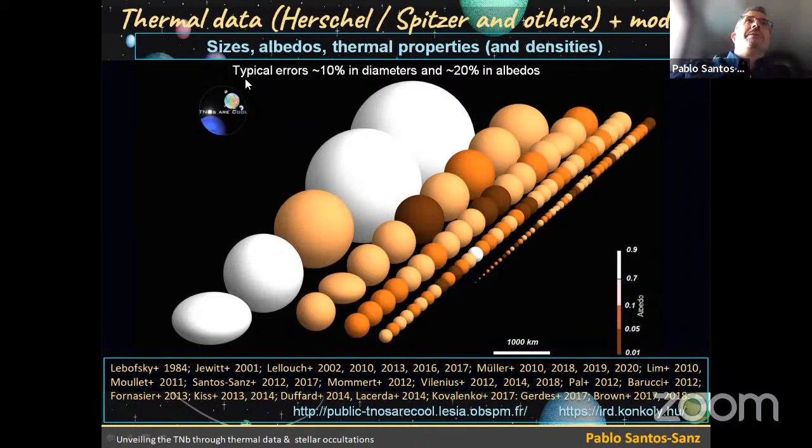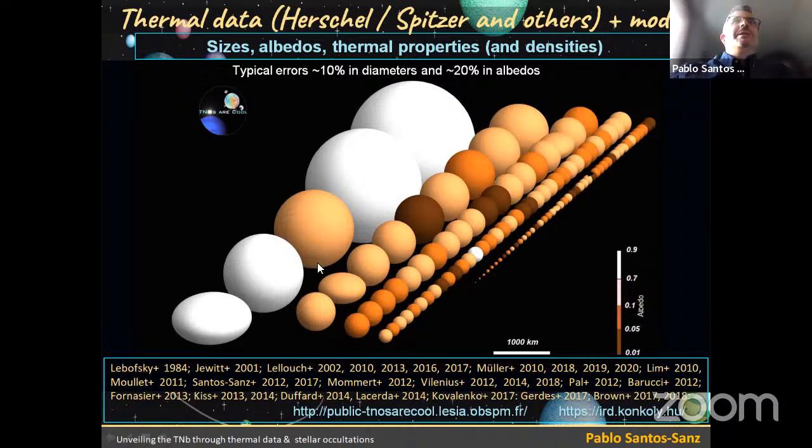What is the problem? Well, the problem is that the typical errors are around 10% in diameters and around 20% in albedos. These are large errors, and also what we obtain is that diameters and albedos are model dependent.